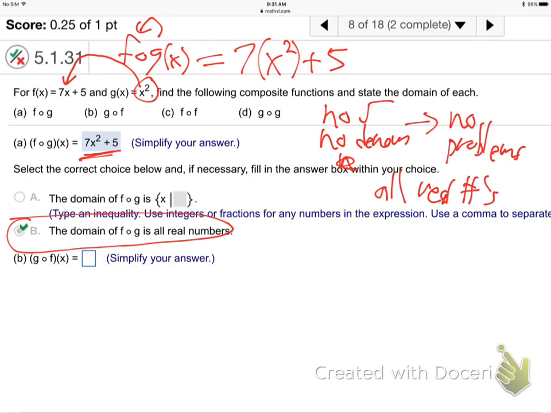No denominators could be made 0, and no negatives could be made inside of a square root, because we don't have denominators or square roots. Good? And then they have you do the other way. They want g of f and f of f and g of g, and it's all the same stuff. By the way, they're all going to be all reals for the domains because there are no square roots and no denominators anywhere.